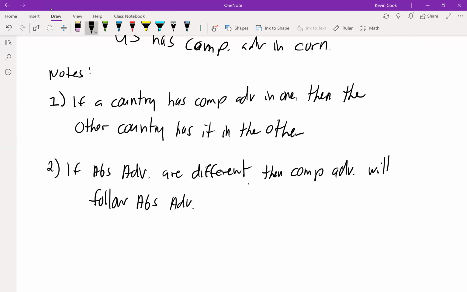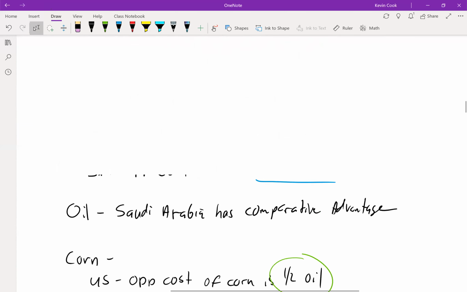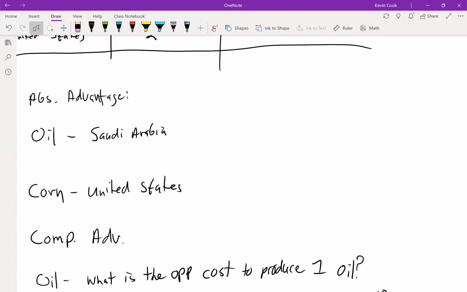So in addition to number one, saying that since I know Saudi Arabia has the comparative advantage in oil, the US has the comparative advantage in corn, I can take this a step up and say that since we have these different absolute advantages, Saudi Arabia has a comparative advantage in oil, and the US has a comparative advantage in corn.